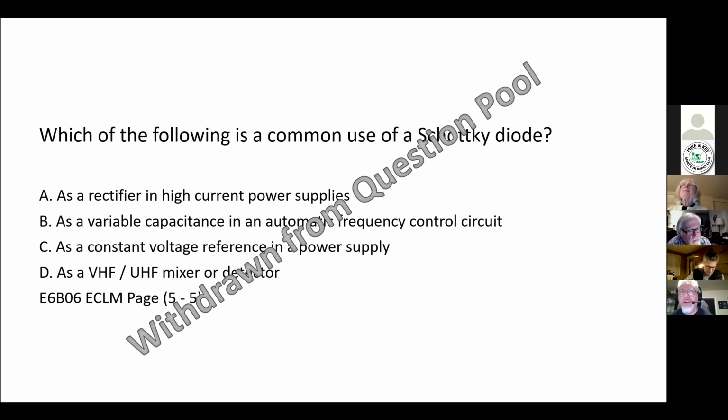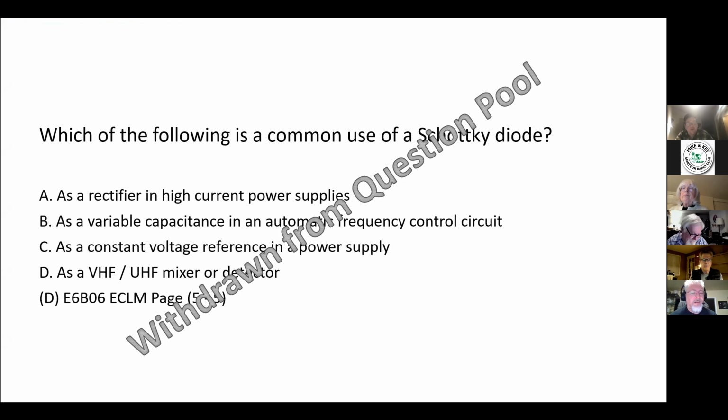So the other, what was it, a week ago, Daniel received an email from his VEC group and gave me some updates, and this one is one of the 2 questions that was withdrawn from the question pool. The other, I forgot what section it is, but I marked it up. Why was this withdrawn? A is the correct answer. So they thought that it was too confusing.